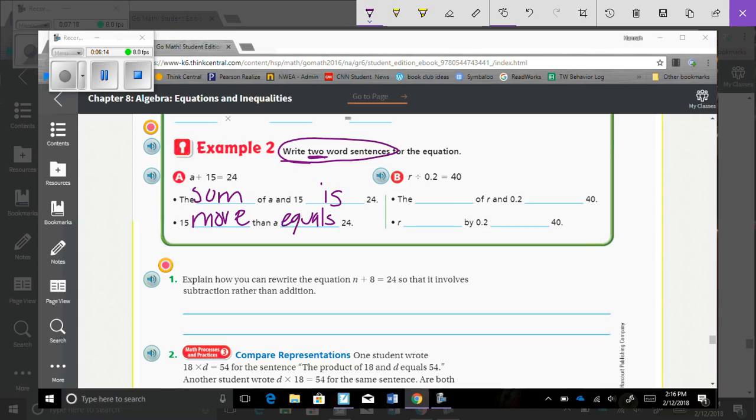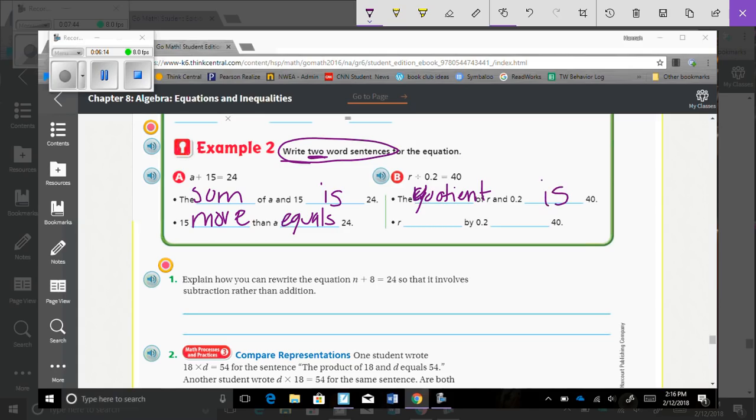Looking at example B, it says the quotient of R and 2/10 is 40.